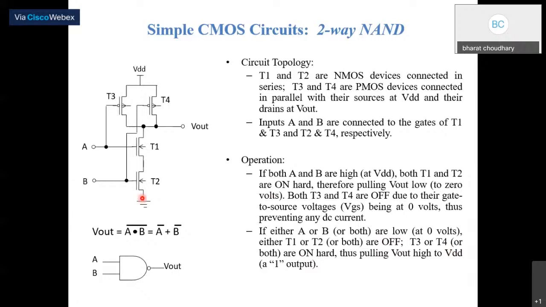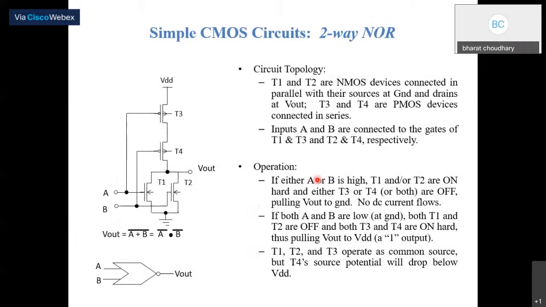So this is the fundamental NAND gate, and this is the symbolic representation of the NAND gate. We are able to make this gate from the basic CMOS circuit. So this is the two-way NAND gate.